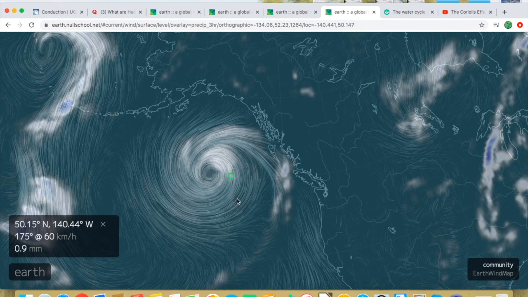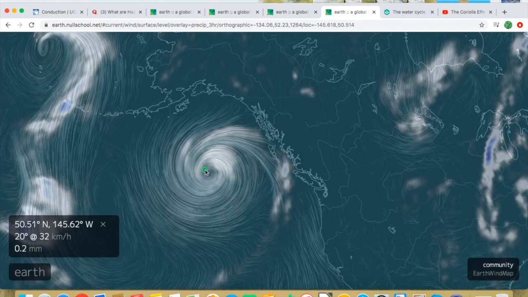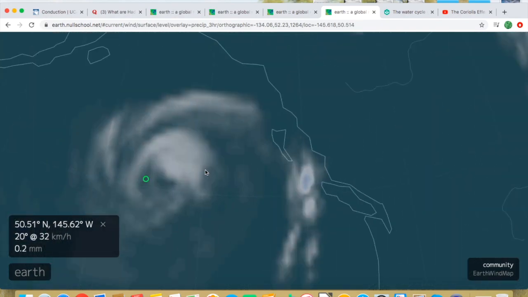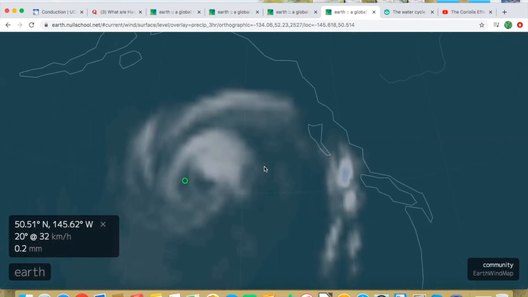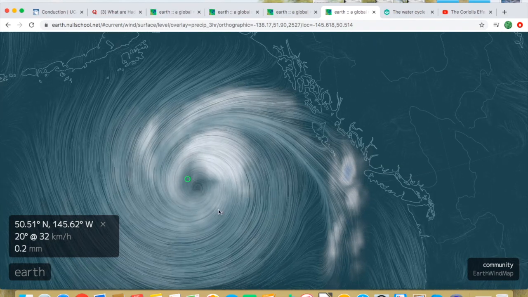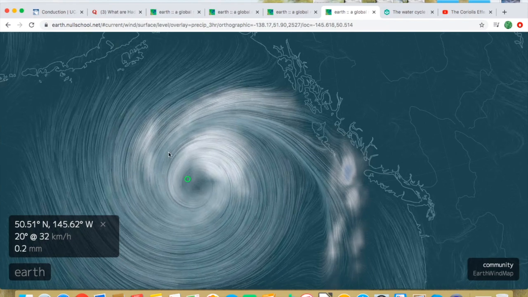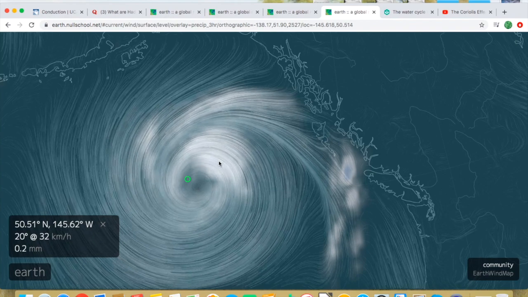What this is showing us is kind of an overlay. Again, we see these wind patterns moving around this low pressure cell right here, right? This is the low pressure cell. The winds are moving inwards in these beautiful spiral patterns. This here, I believe, is actually showing cloud cover.